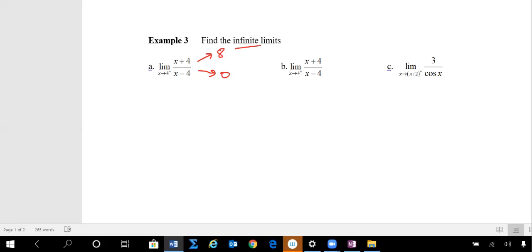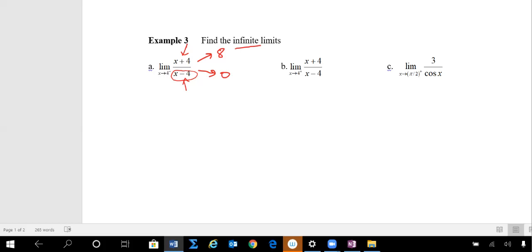Is it plus or minus infinity? So we see it heading to infinity, since the denominator is 0 and the numerator is not, and they are continuous functions, both numerator and denominator. So we see it's a vertical asymptote happening. The question is, is it positive or negative? Well, just look at the value of that denominator.